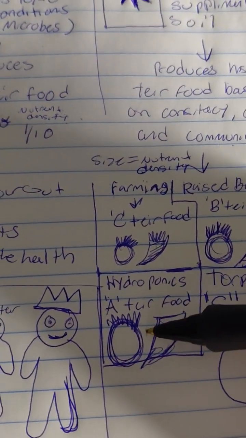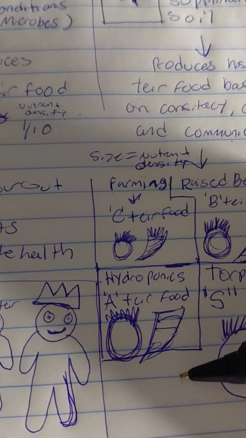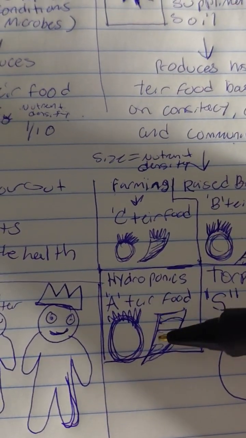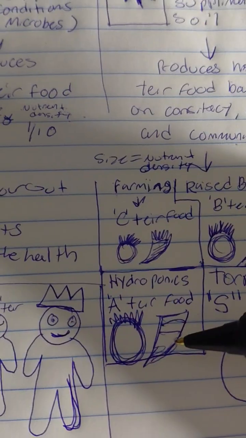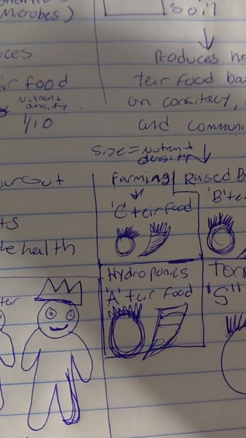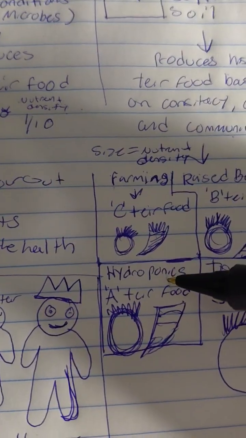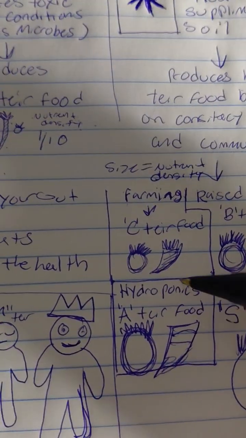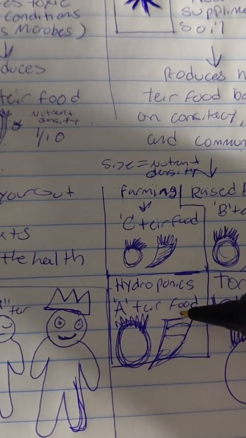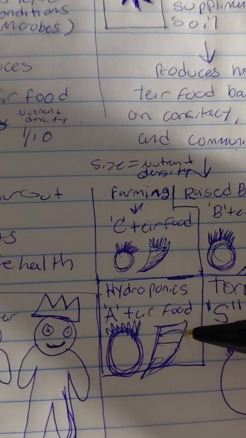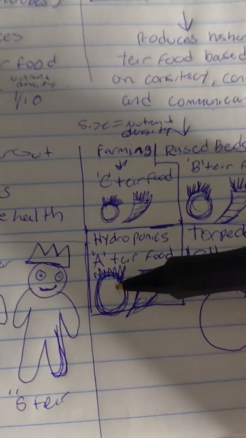But with a hydroponic system, you have to consistently make sure the nutrient levels and the pH levels are right. It also has the highest containment out of farming, raised beds, and hydroponics because it's enclosed. Most of the things never really leave the environment, so the plant gets most of the nutrients from the system. So it creates better food, A tier food.